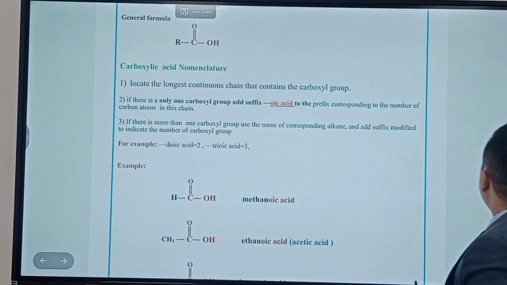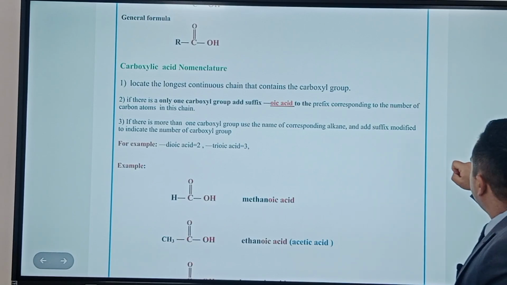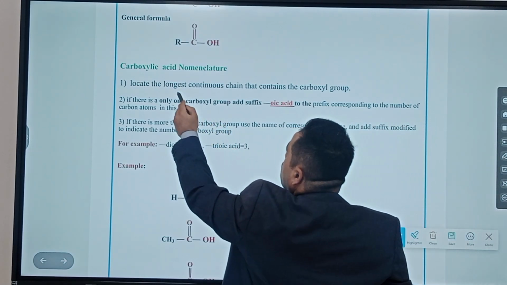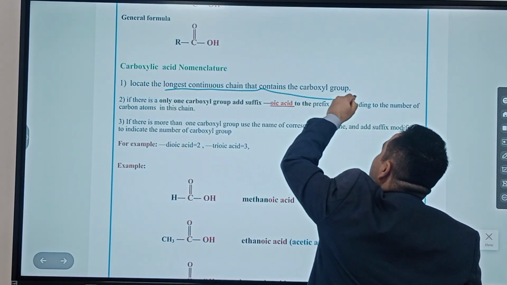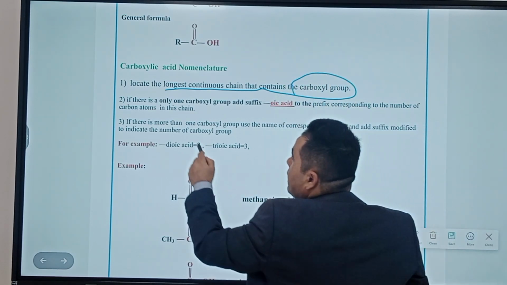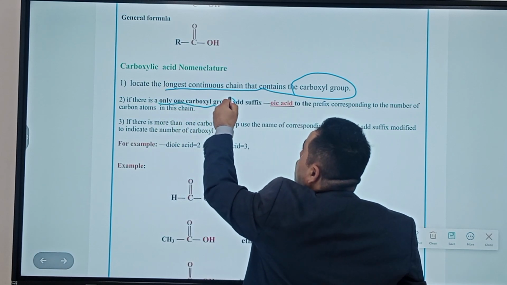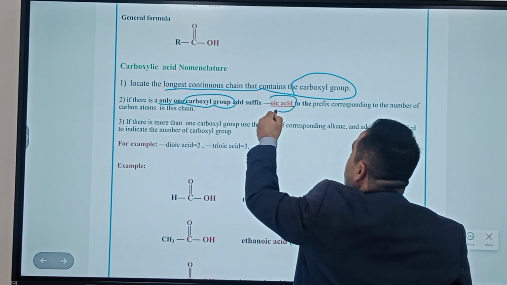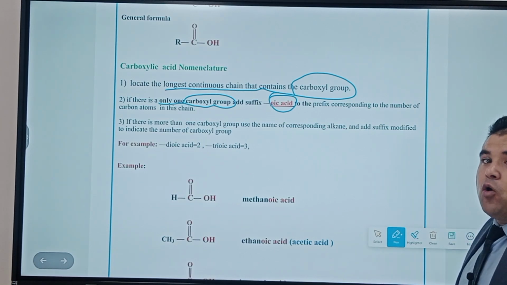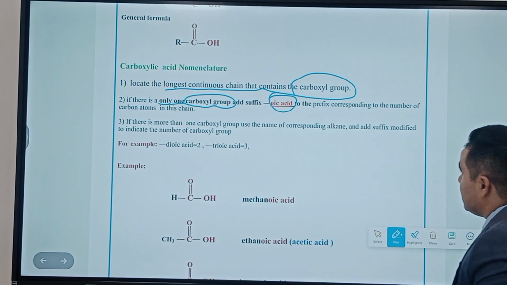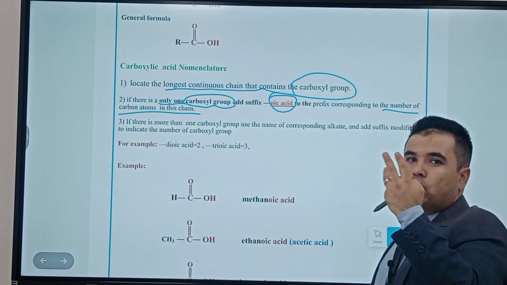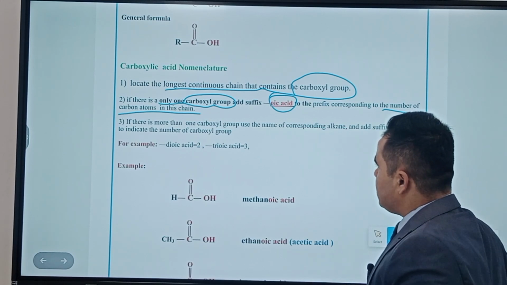Guys, carboxylic acid nomenclature. Let us talk about the systematic naming. First locate the longest continuous chain that contains the carboxyl group. If there is only one carboxyl group, add the suffix -oic acid. For example, methanoic acid, ethanoic acid, propanoic acid, corresponding to the number of carbon atoms in the parent chain.